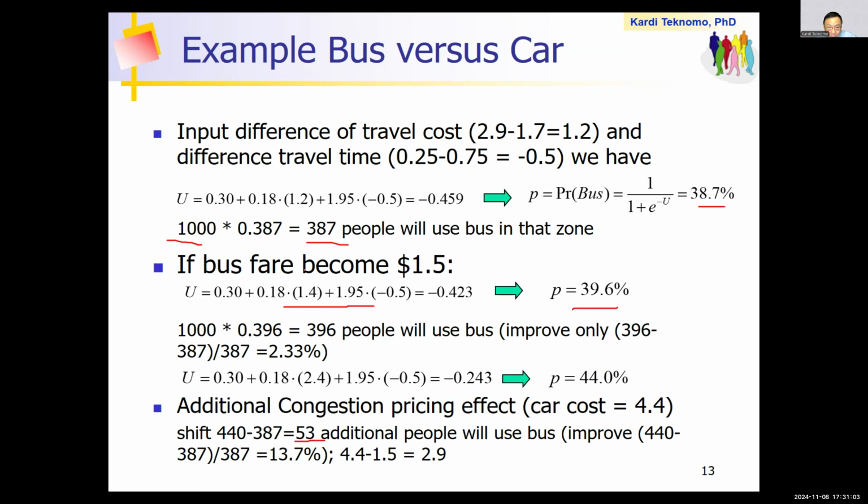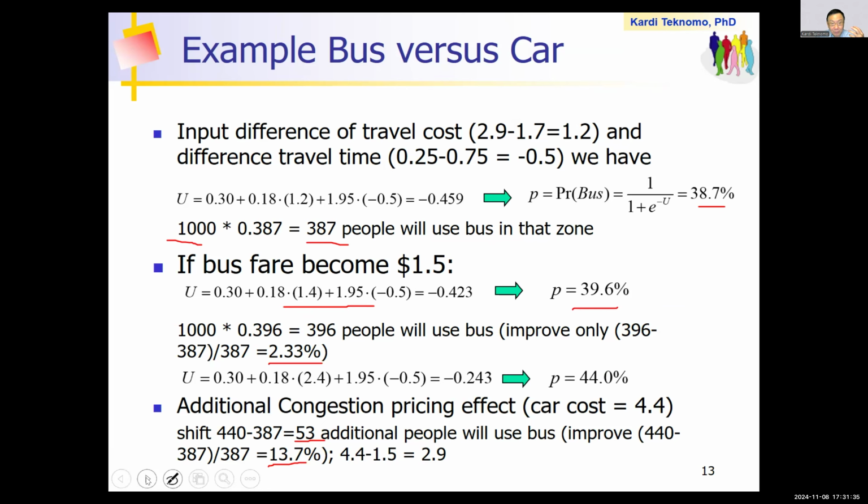Apparently, in this example, congestion pricing shifted 13%, while the improvement of the fare only improved 2%. So congestion pricing produces more result than improving the fare.